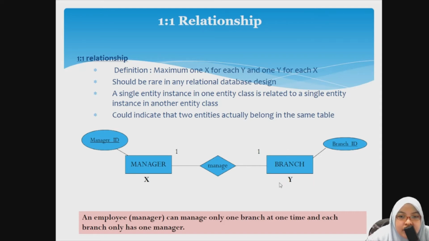So branch is the entity and it also has its attributes. An employee can manage only one branch at one time, and each branch only has one manager. Okay, logically one branch only has one manager, and one manager only manages one branch.